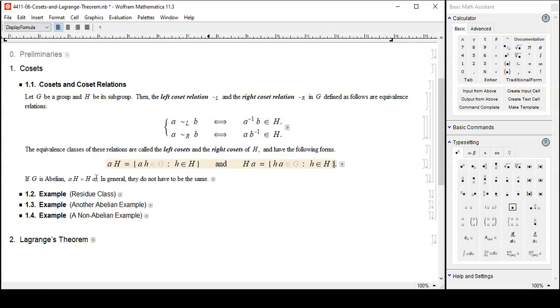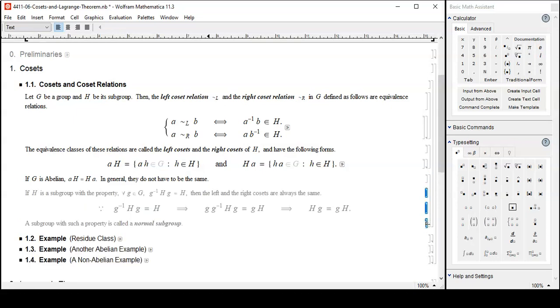One final note: if G is abelian, then the left coset and the right coset are the same, because multiplication is commutative, so A times H versus H times A, they're the same. But in general, when your group is non-abelian, they may be different.